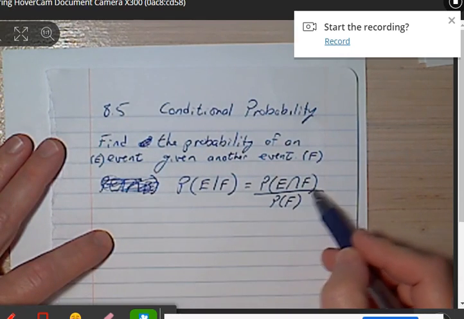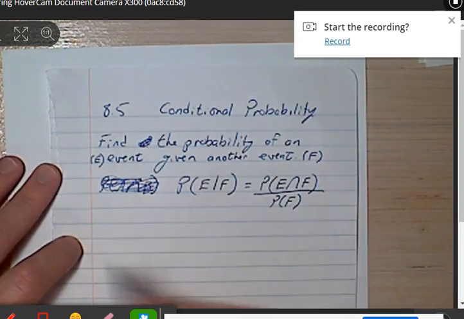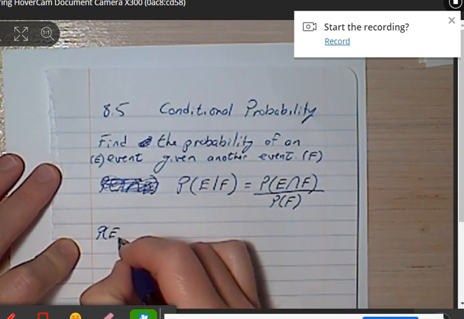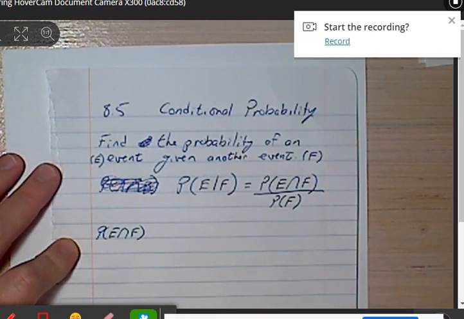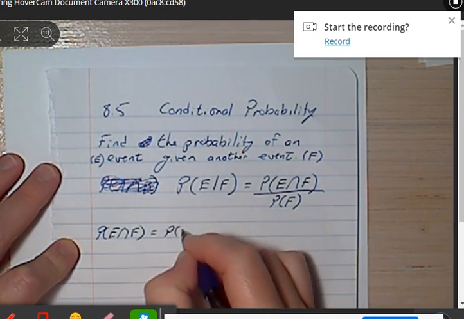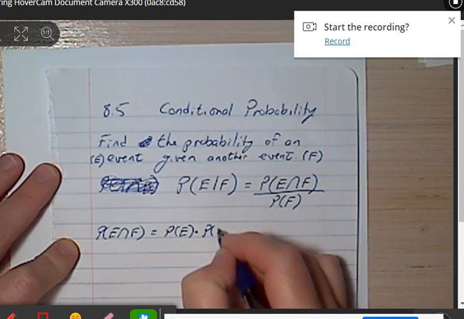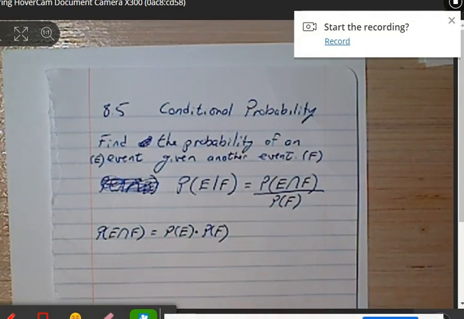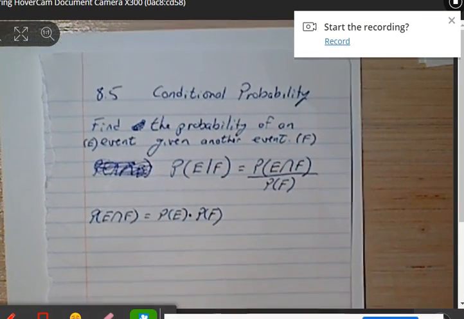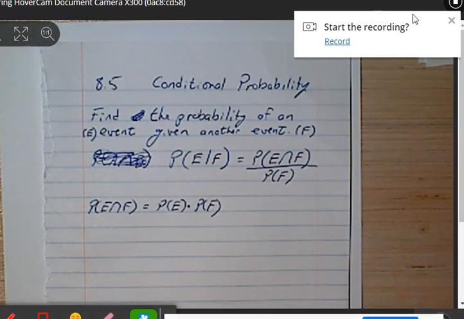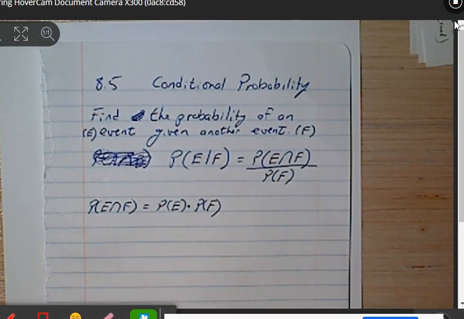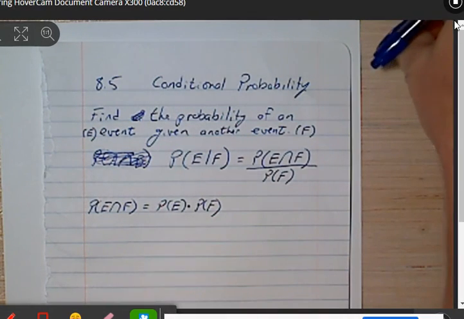And the only thing you have to remember is that if you're doing P of the intersection here, and this is something that we did earlier, that's just going to be the probability of E times the probability of F. And you also have the formula that we did from a little while back.